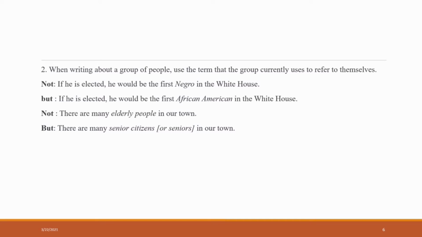Note: if he is elected, he would be the first Negro in the White House, but if he is elected, he would be the first African American in the White House. Note: there are many elderly people in our town, but there are many senior citizens or seniors in our town.